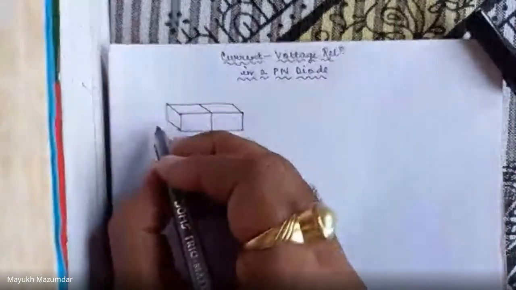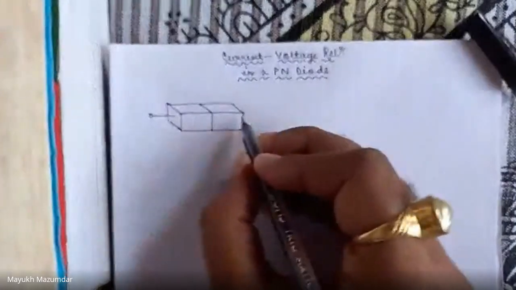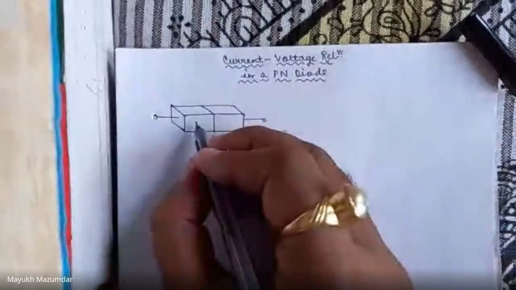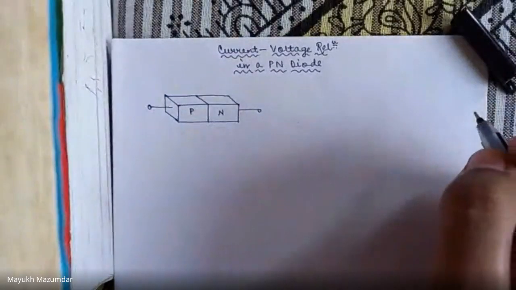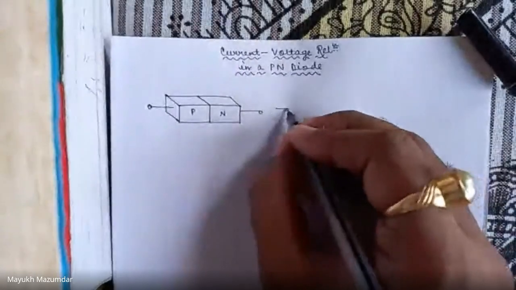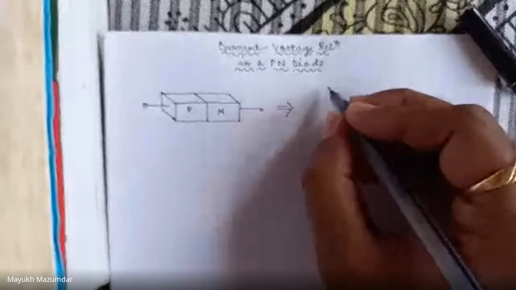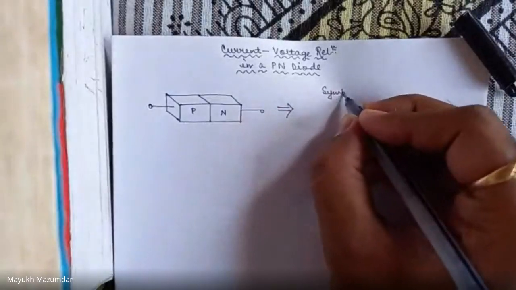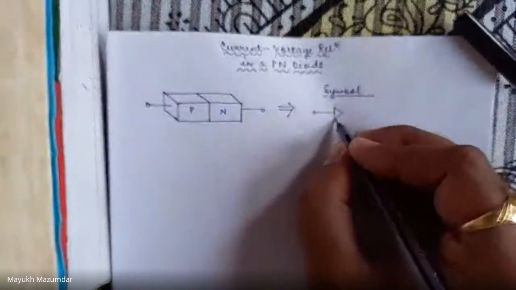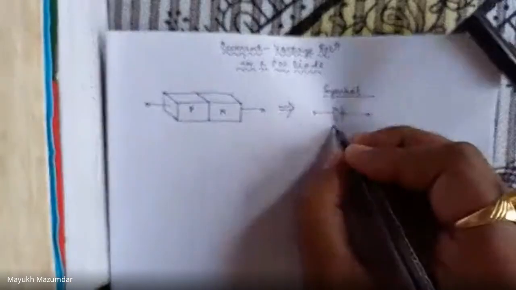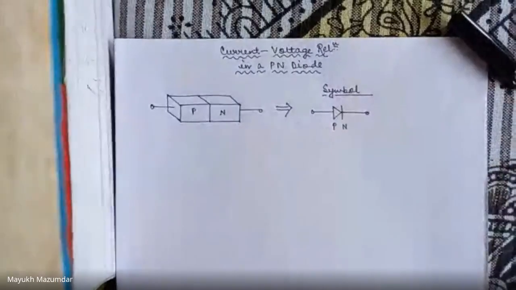When we put some metallic leads on the P side and the N side, it will act as a diode. And the symbol of a diode, you know these things, is like this. This is the P side, this is the N side.